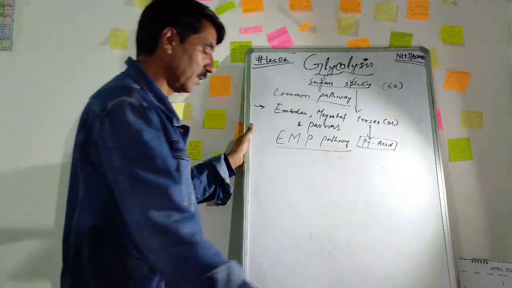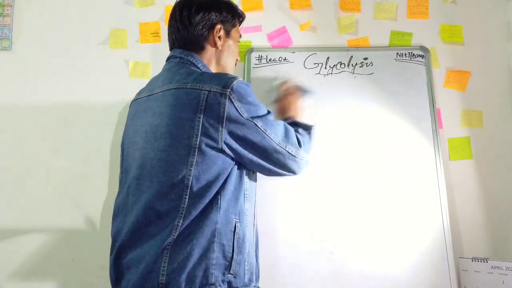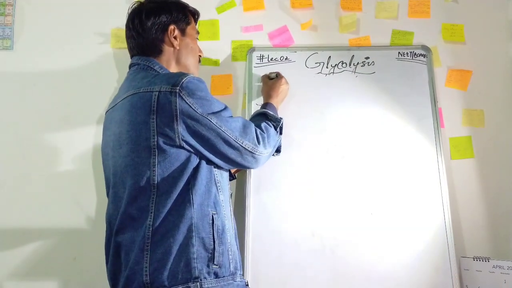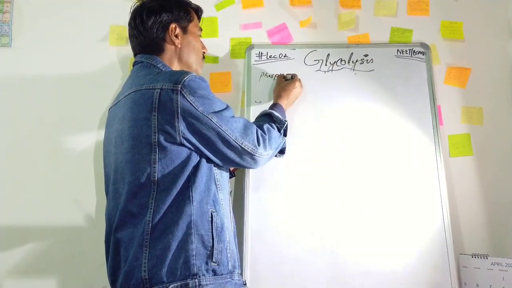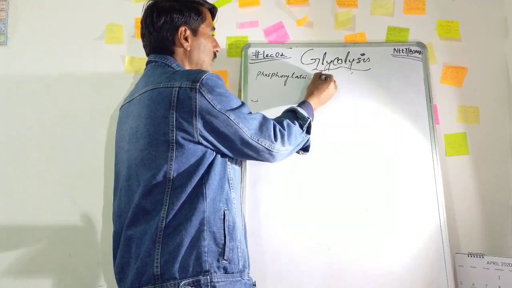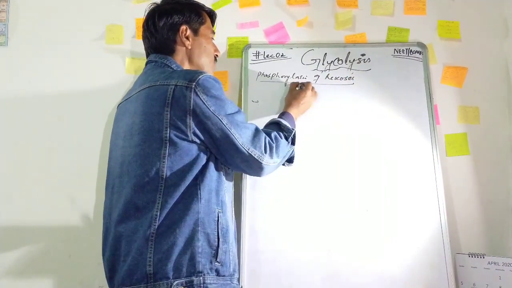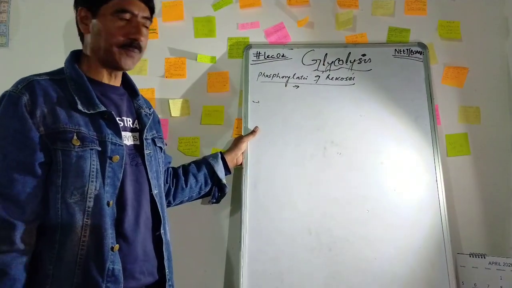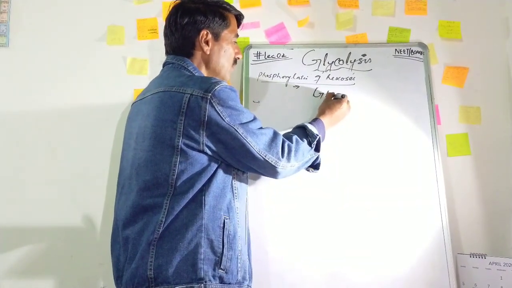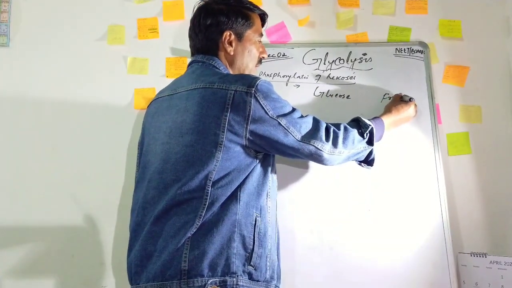Now here, the first step in glycolysis is the phosphorylation of hexose sugars. A hexose sugar, a 6 carbon sugar, whether it may be glucose or it may be fructose in case of plants.